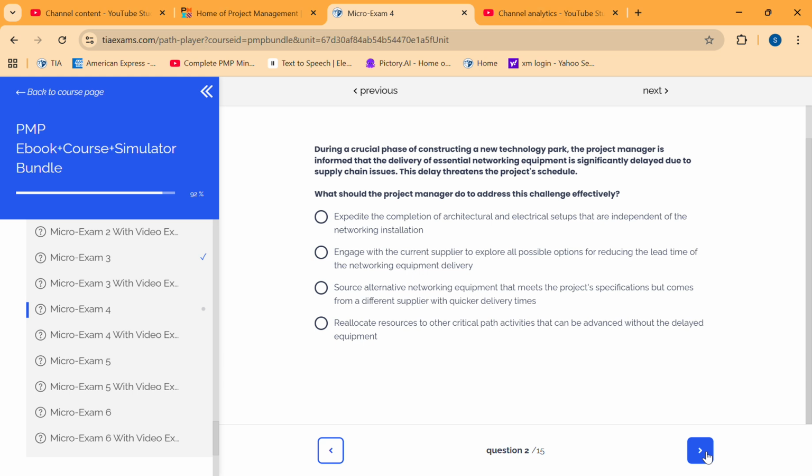Now there is a supply chain issue. So does it mean that the equipment is on its way? If it is on its way, then engaging with the current supplier to explore all possible options for reducing the lead time of the networking equipment delivery, I think this should be the most feasible option where there is an issue with the supply chain.